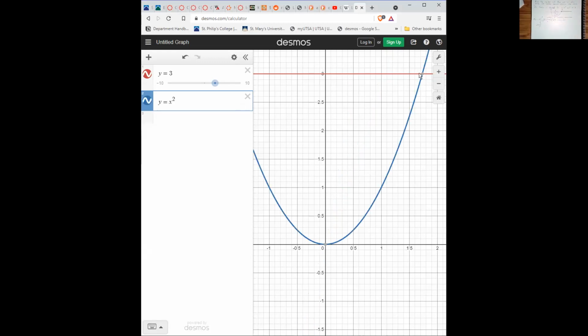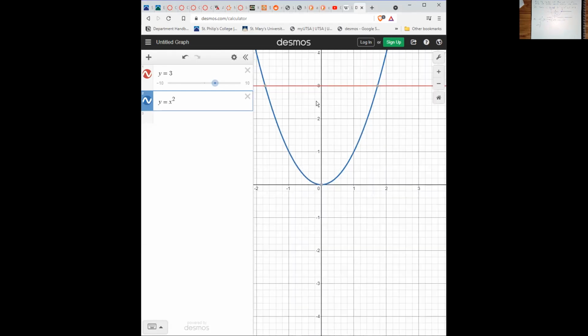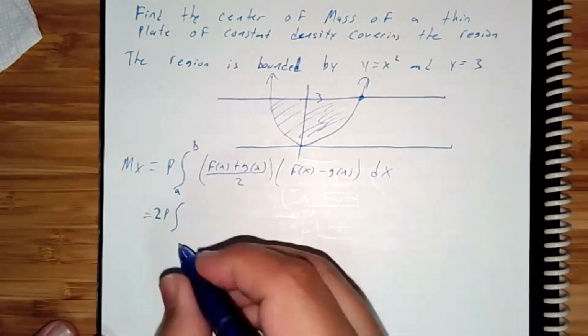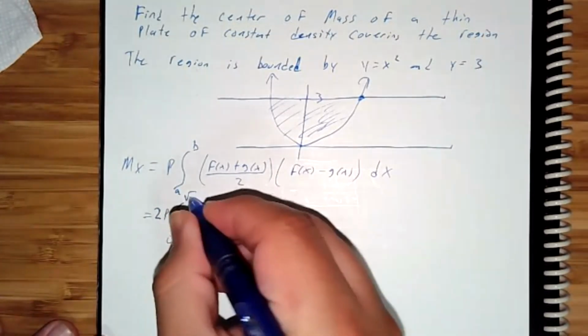Yeah, it's not a pretty number, 1.7. Interesting. So it's going to be square root 3, basically, right? Oh, well, 0 to square root 3.